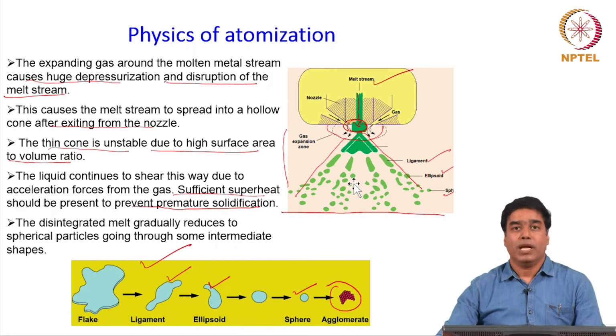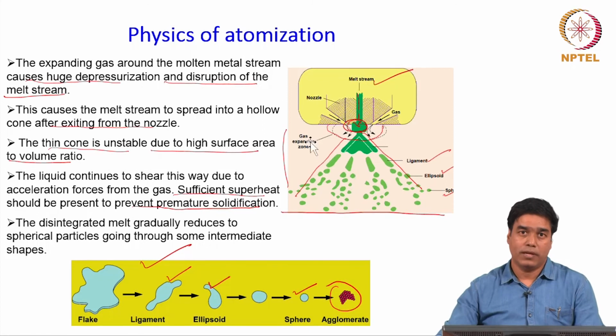Okay. And this process is carried out inside a chamber like this, where this liquid stream comes down from this nozzle and goes through this flight path, and finally it gets deposited on a solid surface or on a substrate which is kept on the other end as powders.